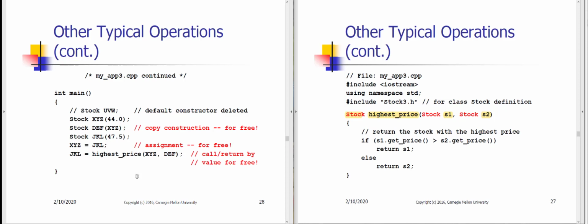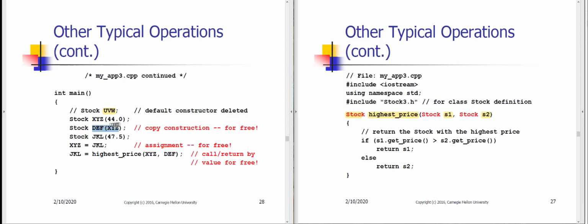And here on slide 28, we have an application, a main function, that's using some of these services we get for free. Now, we're still not going to be able to create a default stock because default construction has been deleted. We are going to be able to declare a stock object with an initial value as long as it's greater than 1.